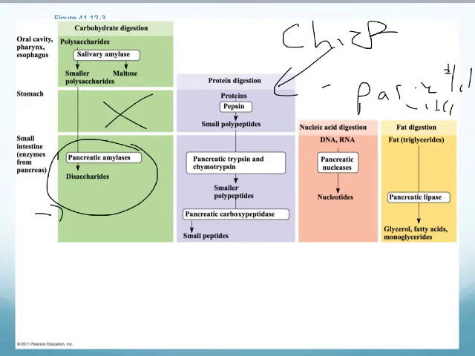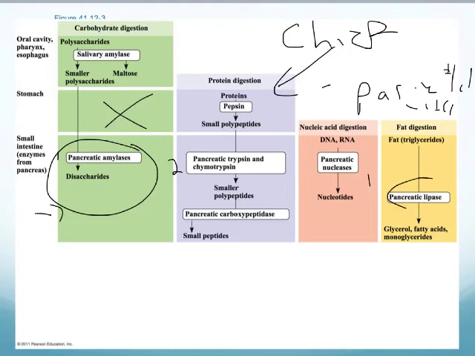The pancreas also provides trypsin and another type of proteinase, chymotrypsin, which is going to also continue the breakdown into smaller and smaller materials. So the pancreas aids in protein digestion, and then obviously we're going to aid in the nucleic acid breakdown as well.